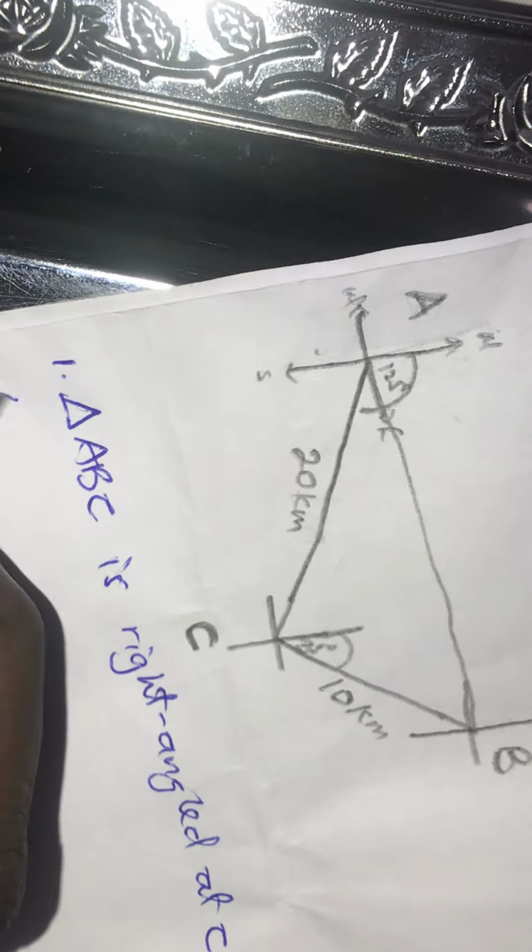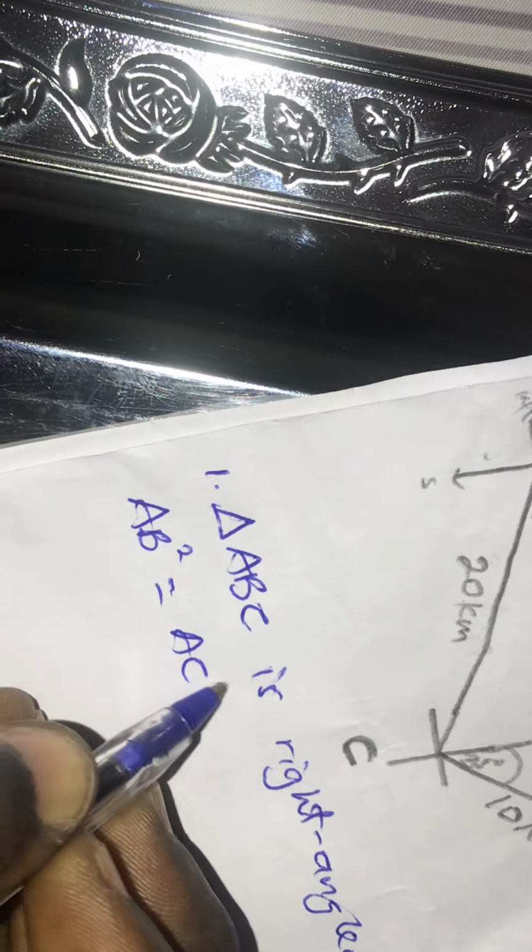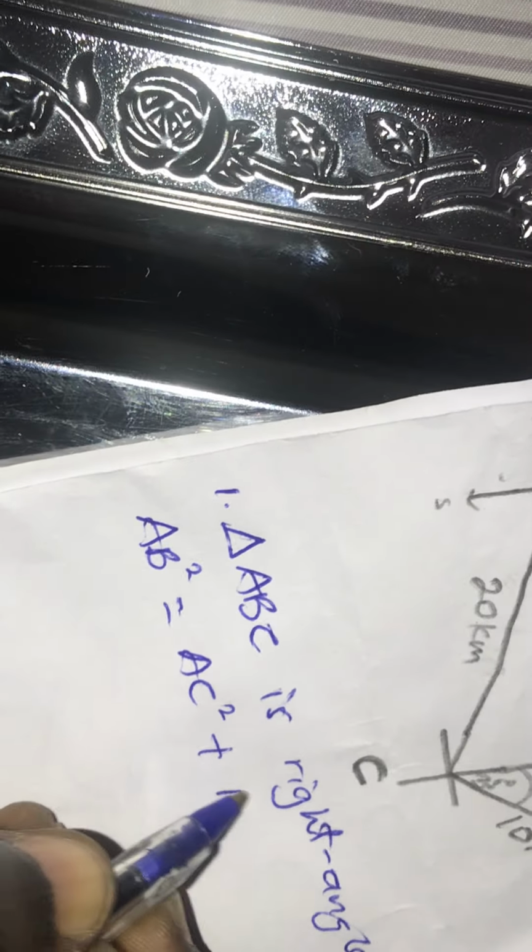So let's write it: AB squared is equal to AC squared plus BC squared.